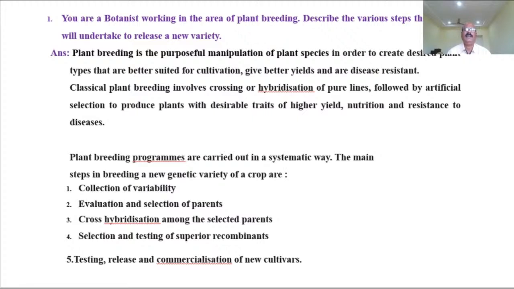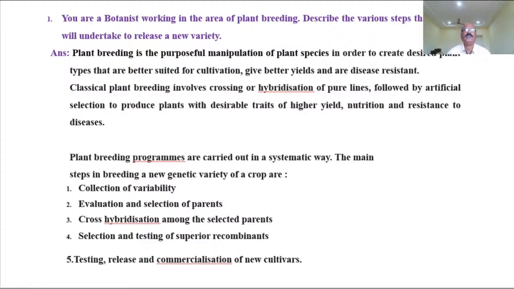So, for this question to score 8 out of 8, the following points you have to write in the examination. To answer this question, these are the points you have to cover. Plant breeding is the purposeful manipulation of plant species in order to create desired plant types that are better suited for cultivation, give better yields, and are disease resistant.